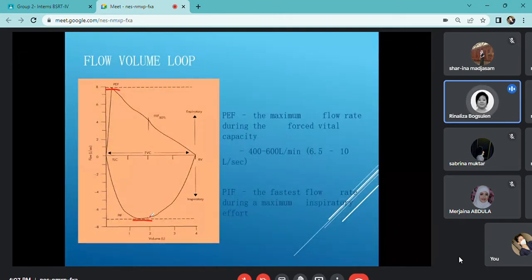You also have loops in your neck vent, right? But the upper inflection point, if you are talking about neck vent, the upper part of this line is inspiration. The lower part is your expiration. It is the opposite of PFT. Okay? Why do I have to tell you this? Because you might be given some examples in your examinations.